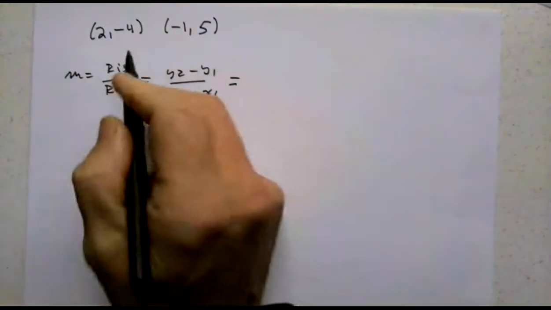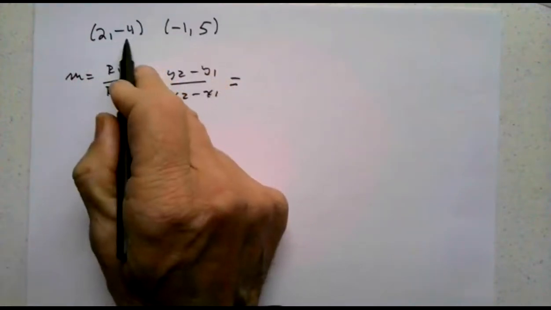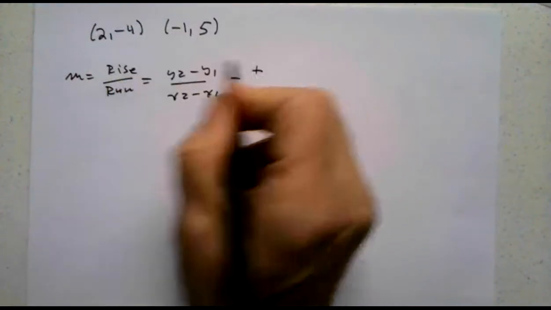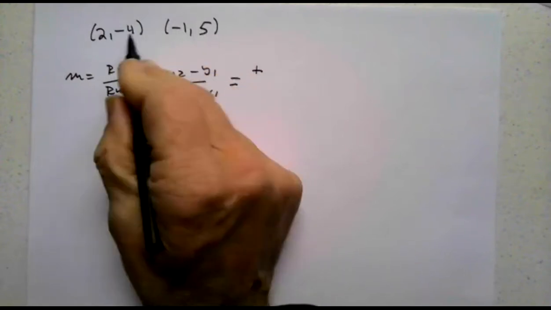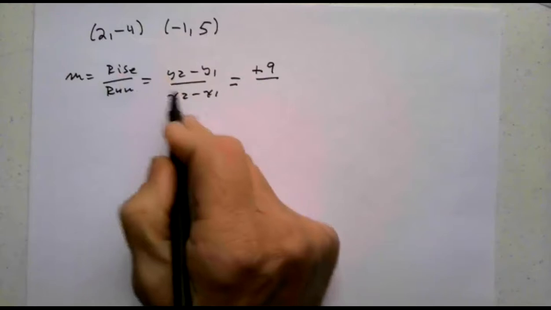Now, how am I going to get the rise? From -4 to 5 is going up. From 4 below 0 to 5 above 0 is up 9. Notice that's also 5 minus -4.